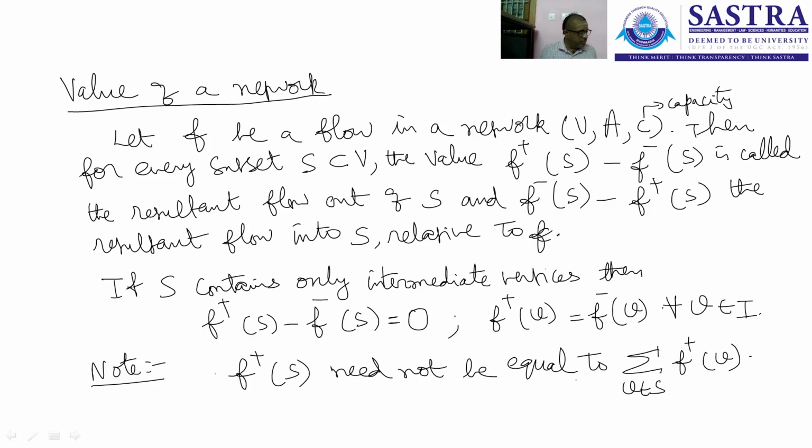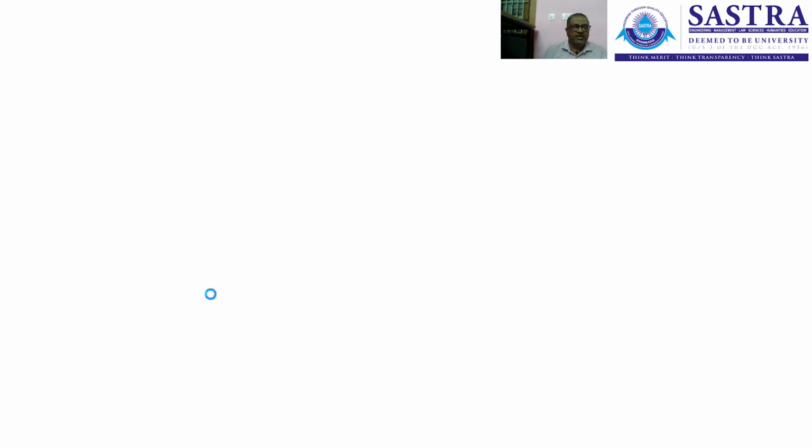Okay, so now what we do here is, once defining what is meant by flow, you are now concentrating on finding out the sum of the values, what you call the value of the flow.